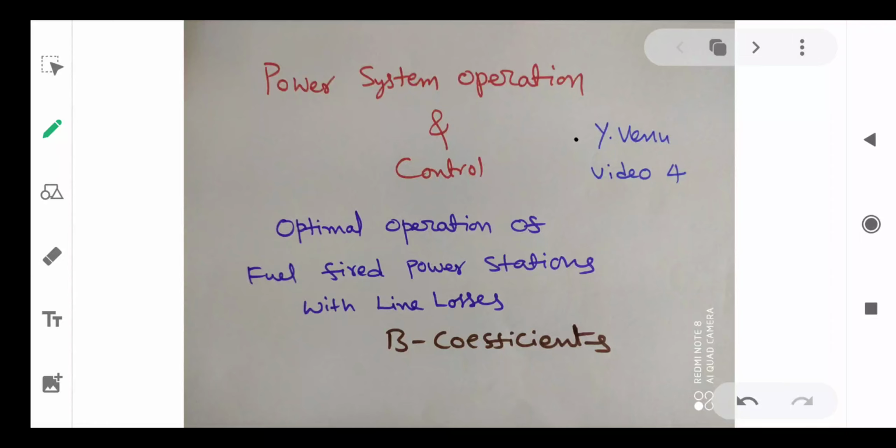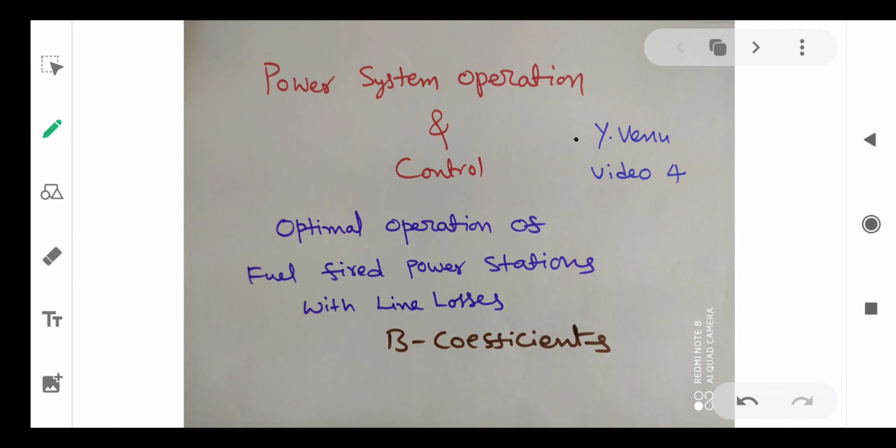For that transmission network, we have a number of transmission lines between generating stations and load centers, and each line will have resistance and reactance. In the resistance, power loss will occur, 3I square R is the power loss that has to be considered in order to generate the required power along with transmission line losses.